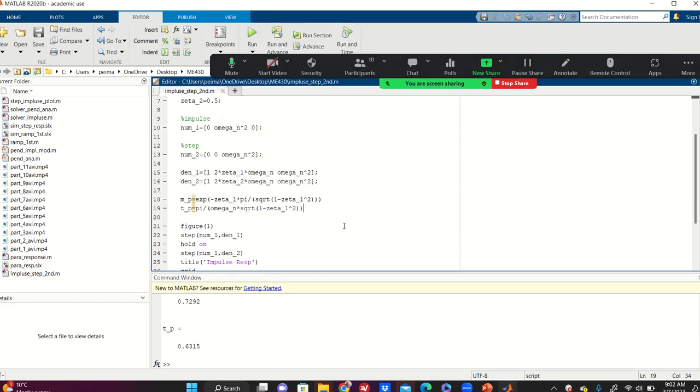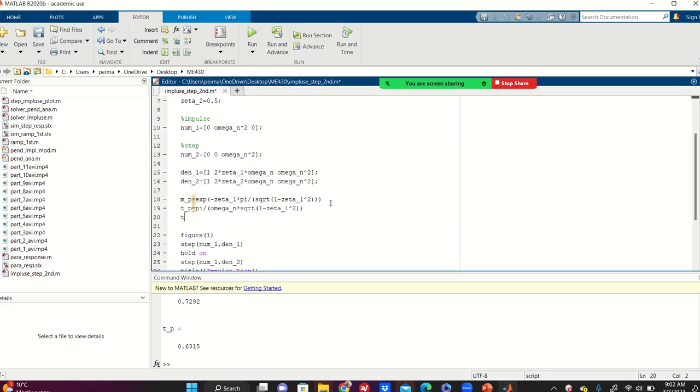And obviously for the settling time based on the 5% criteria, it's gonna be 4 divided by zeta 1 multiplied by omega n. It's 8 seconds settling time, and it must be 8 seconds.